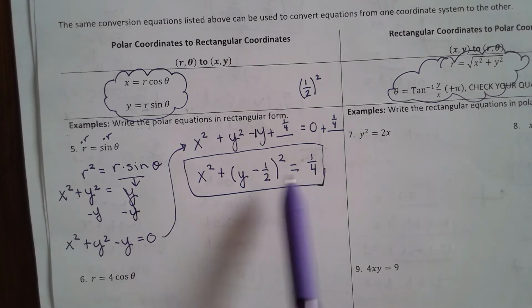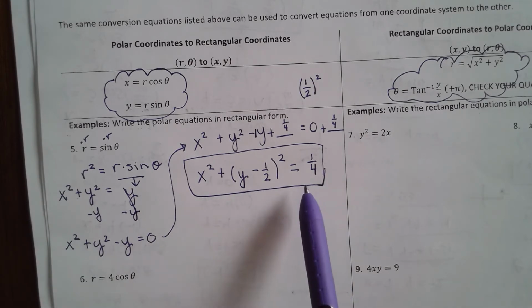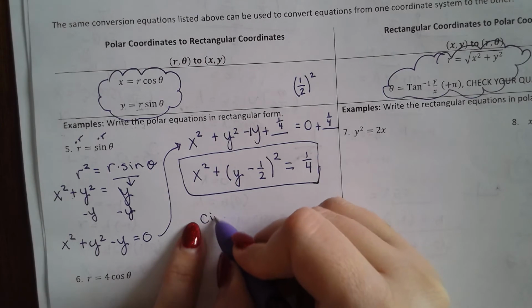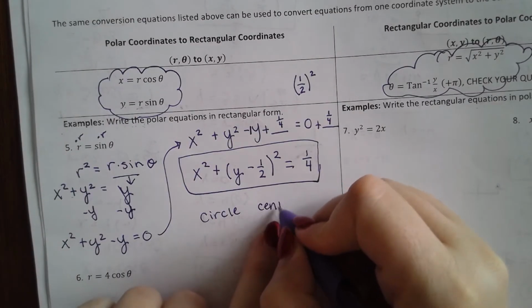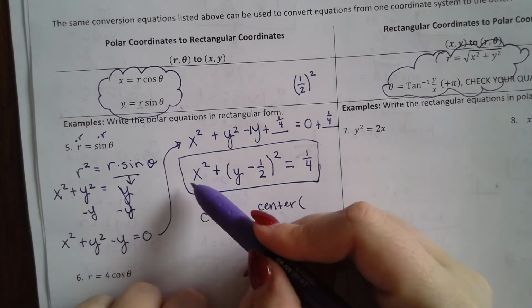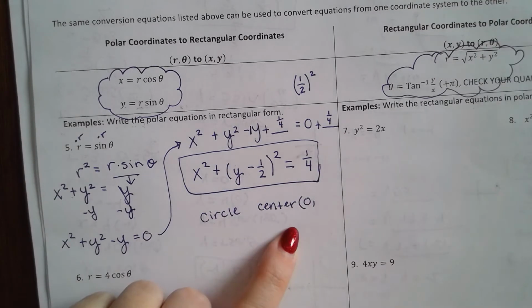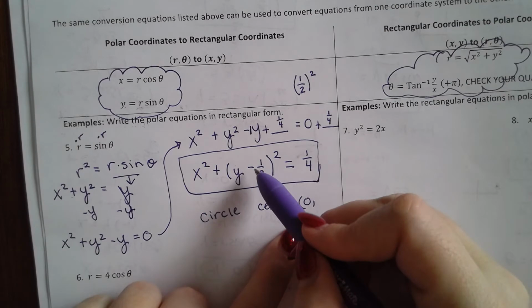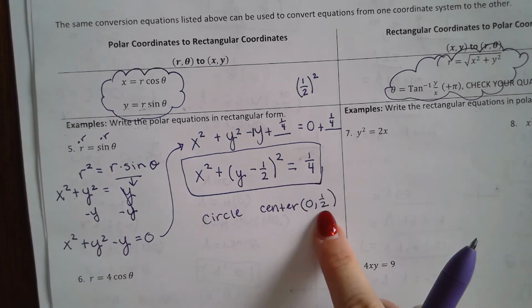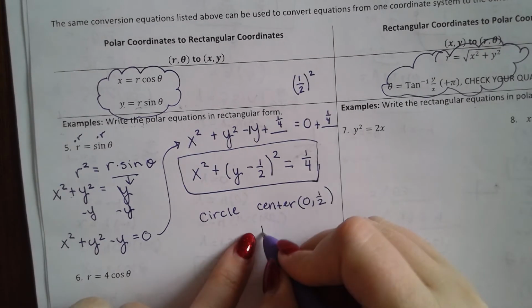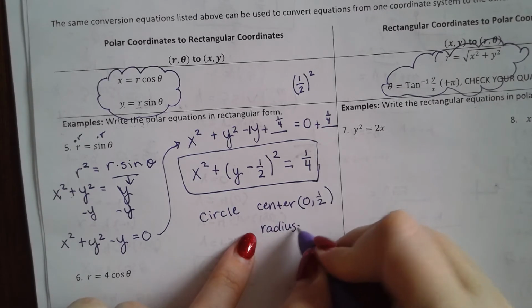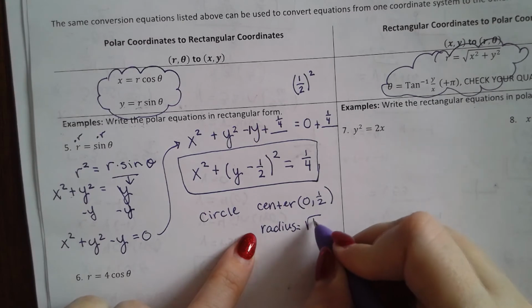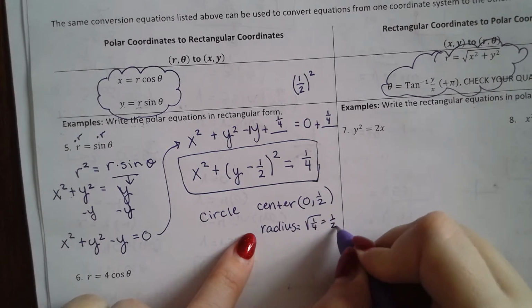Now, what is this? Well, in geometry, we learned that this is the equation of a circle, where the center is at the ordered pair. There's nothing with the x, so 0. And then the opposite of -1/2 would be +1/2. So it has a center at 0, 1/2, and it has a radius of the square root of 1/4, which is 1/2.